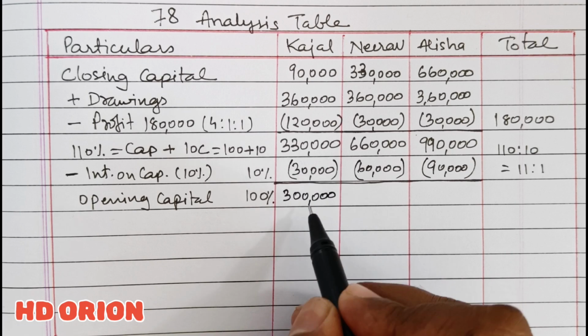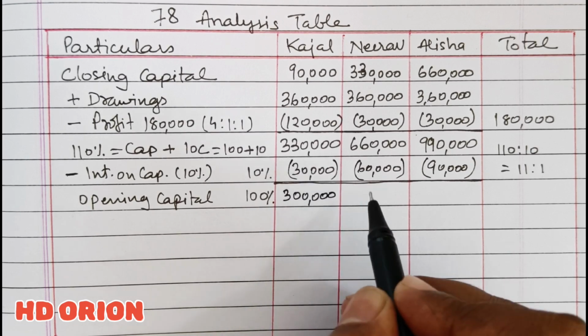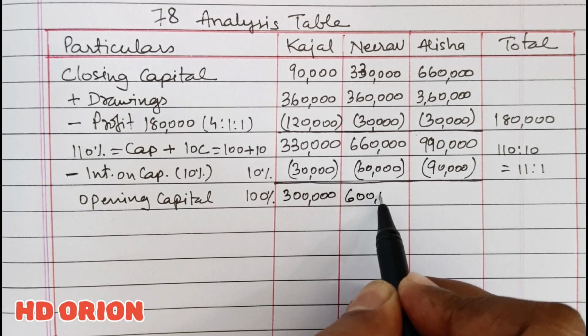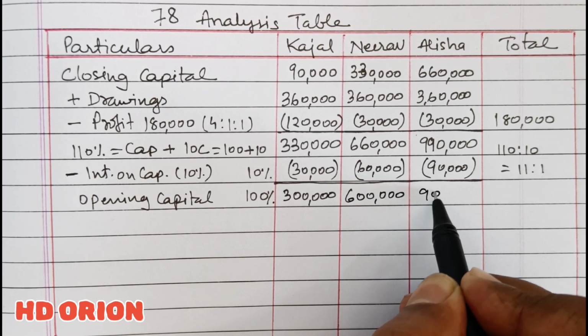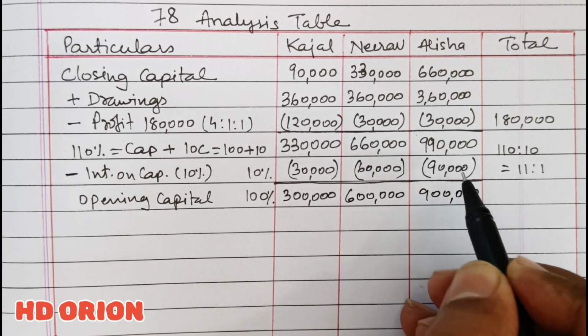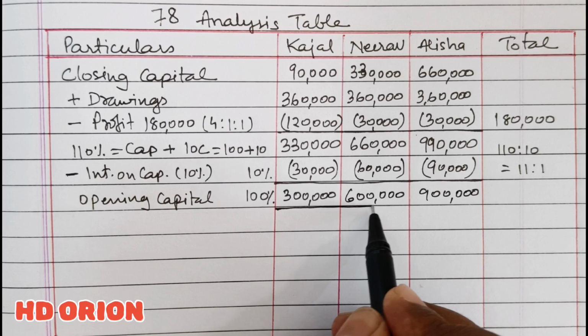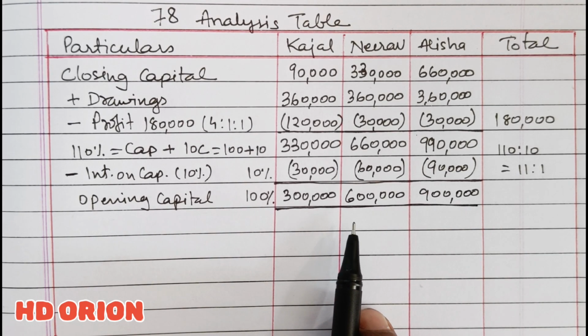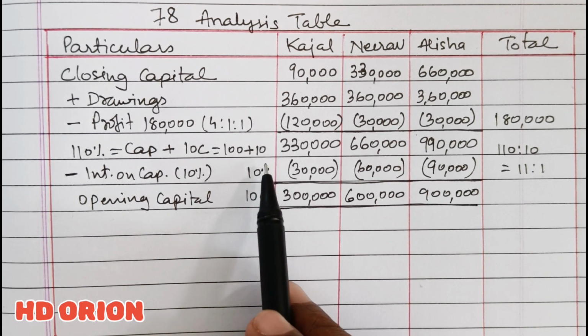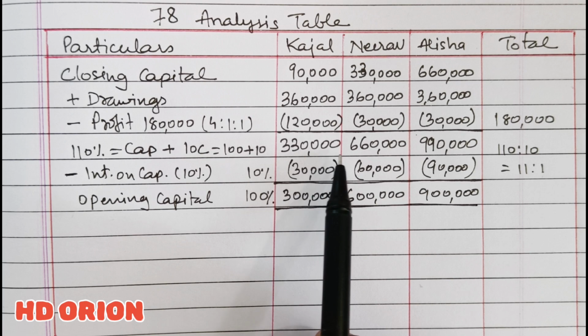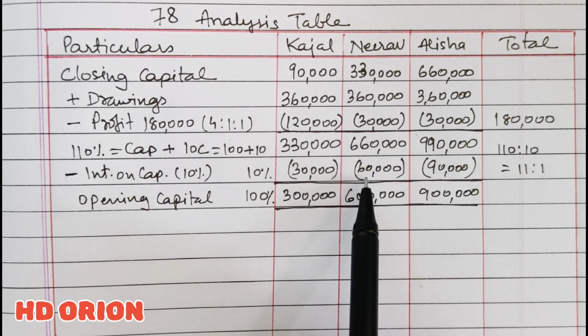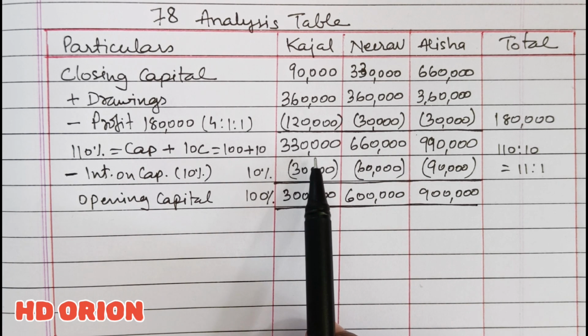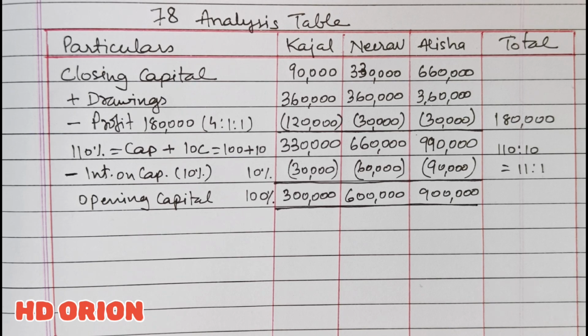So now you can see clearly that 3 lakhs 10% is 30,000, 6 lakhs 10% is 60,000, and 9 lakhs 10% is 90,000. Now this is our opening capital. Based on this, correct interest on capital is to be calculated. Fine. This concept is very important. One should understand that whatever amount we have got before deducting interest on capital is 110% of opening capital.